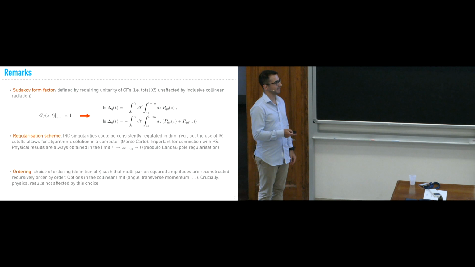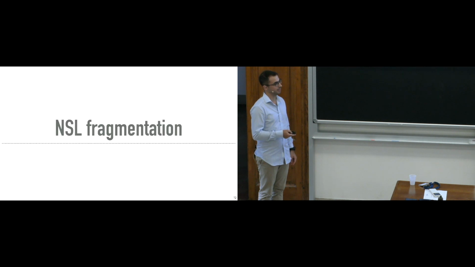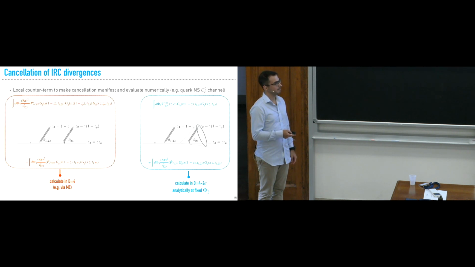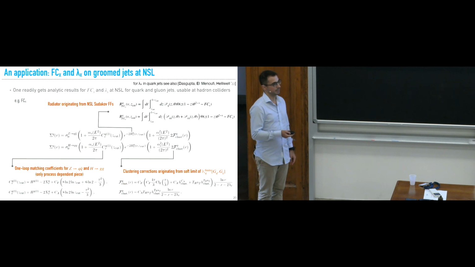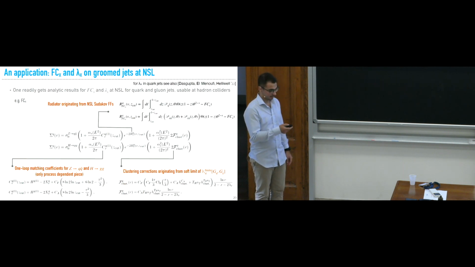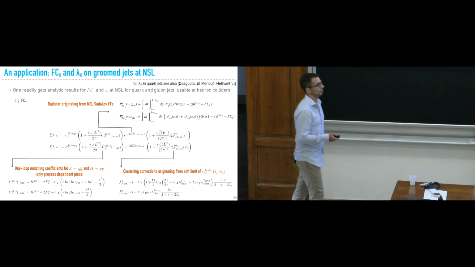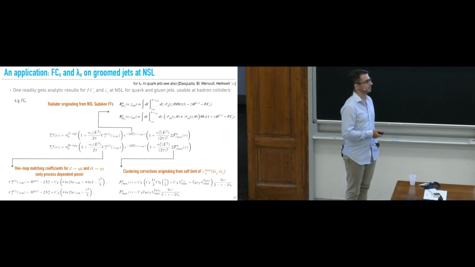The application was basically to recalculate these observables that I mentioned here to next to single log. The form it takes is fairly simple. Also at this order, you can recognize the matching coefficient at one loop that I mentioned before. In this case, we are considering two simple dummy processes like Z decay or Higgs decay for quark and gluon jets.